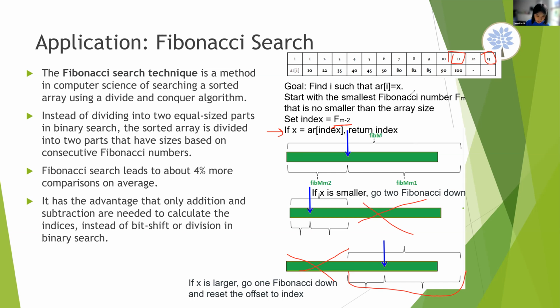Compared with binary search, Fibonacci search leads to about 4% more comparisons on average, but has the advantage that only addition and subtraction are needed to calculate the indices, instead of bit shift or division as in binary search.